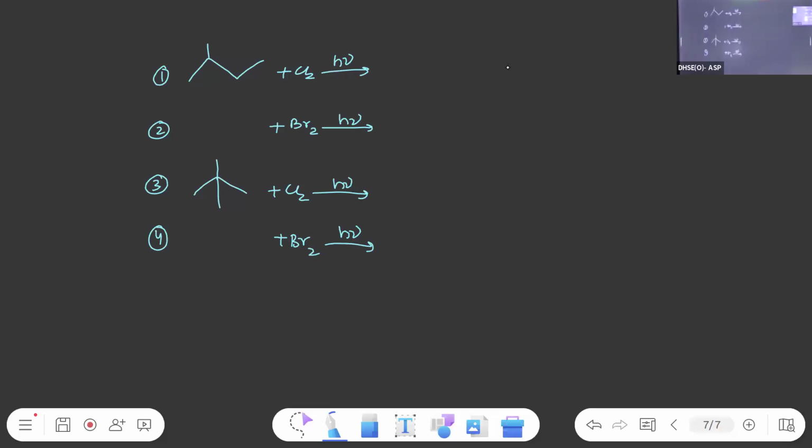Next line: bromination is more selective, so it forms product mainly at the tertiary or secondary carbon. If only primary carbon is present, then bromination will still happen there. Now solve these four questions.